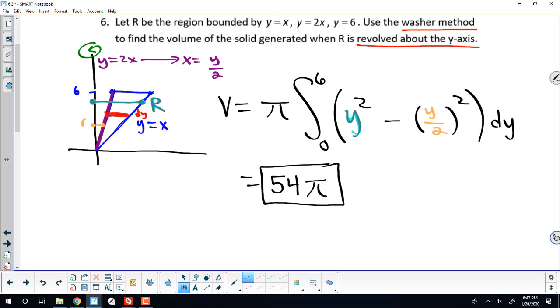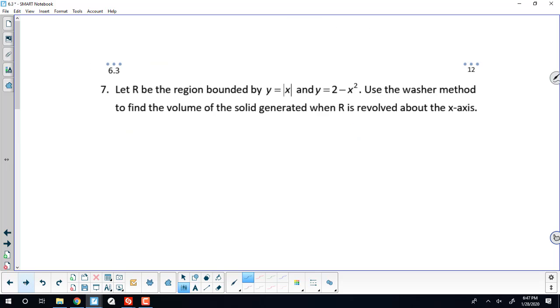All right, I think we have one more example here. A lot of times, as we've seen, when you can use symmetry, it does make it easier, in the sense that one of your bounds is usually 0, and that's always easier to evaluate. In an instance where we have absolute value involved, it's absolutely easier to use symmetry.